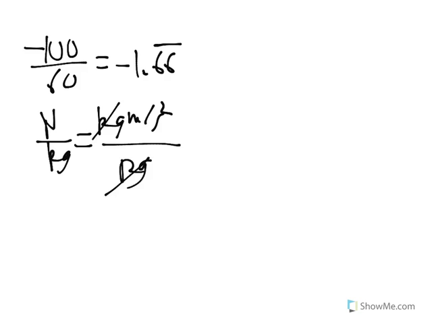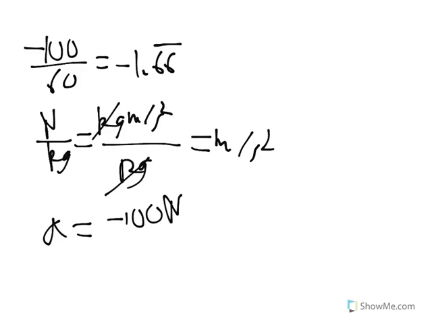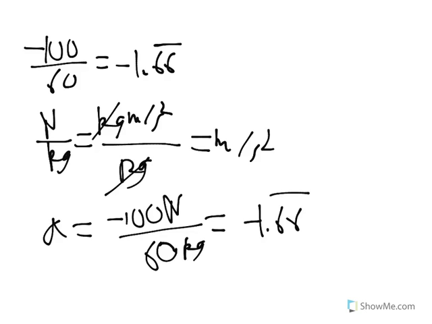The kilograms cancels, just like we did in unit conversions, and that leaves us with meters per second squared. And that means that our acceleration, which was negative 100 newtons per 60 kilograms, comes out to be negative 1.66 repeating meters per second squared.